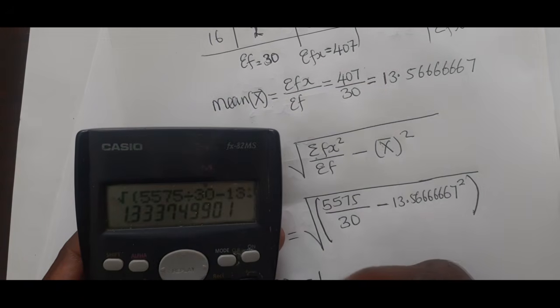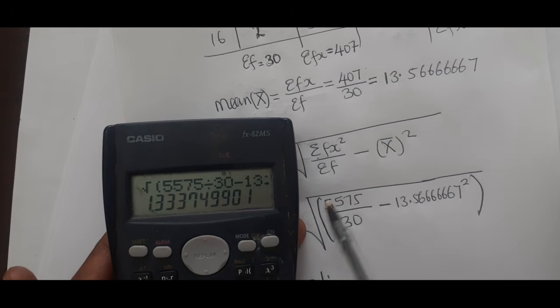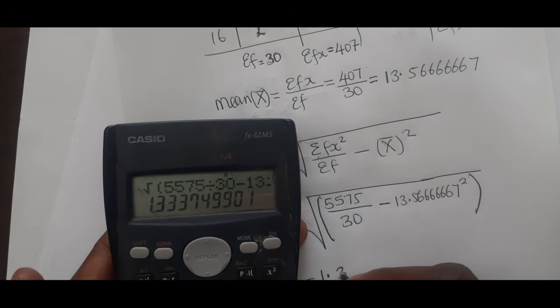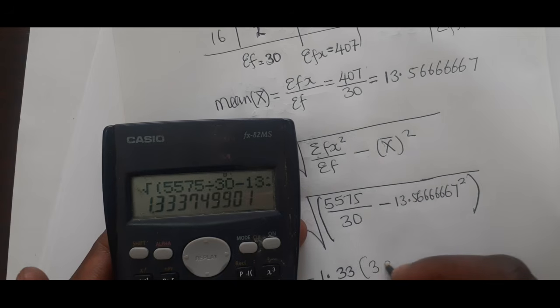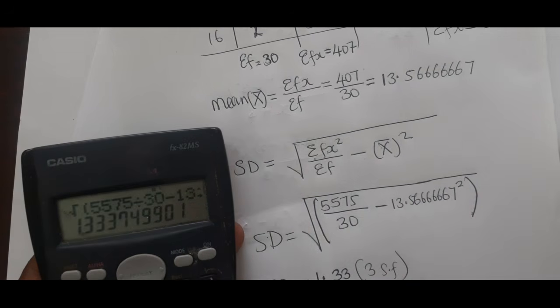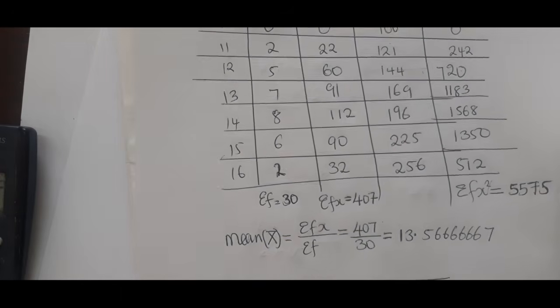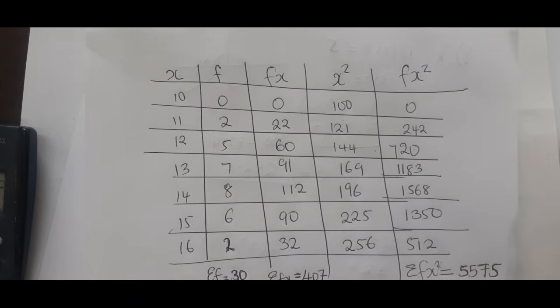But you can first write it in full as it is before you round off. You can write it in full, then you round off. But the final answer correct to 3 significant figures will be this one. Okay, so this was the part A of question 9.